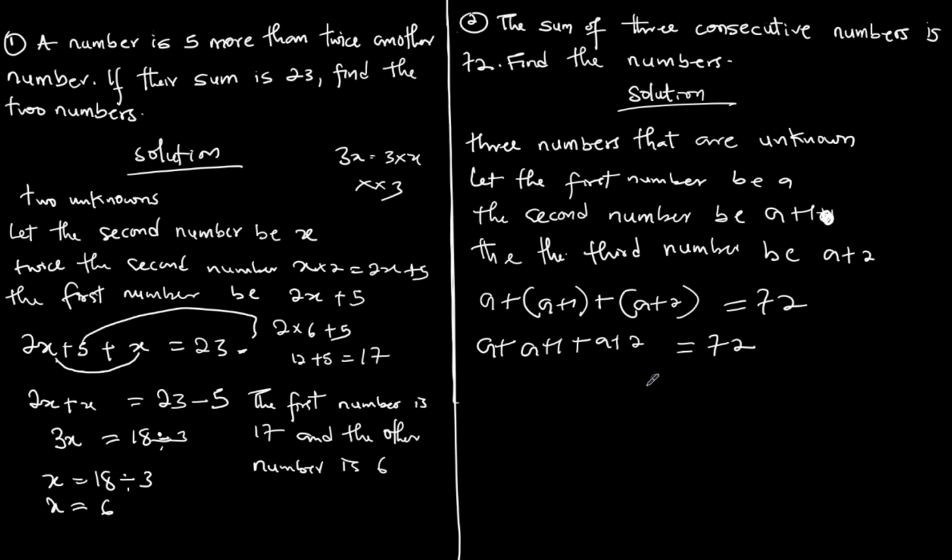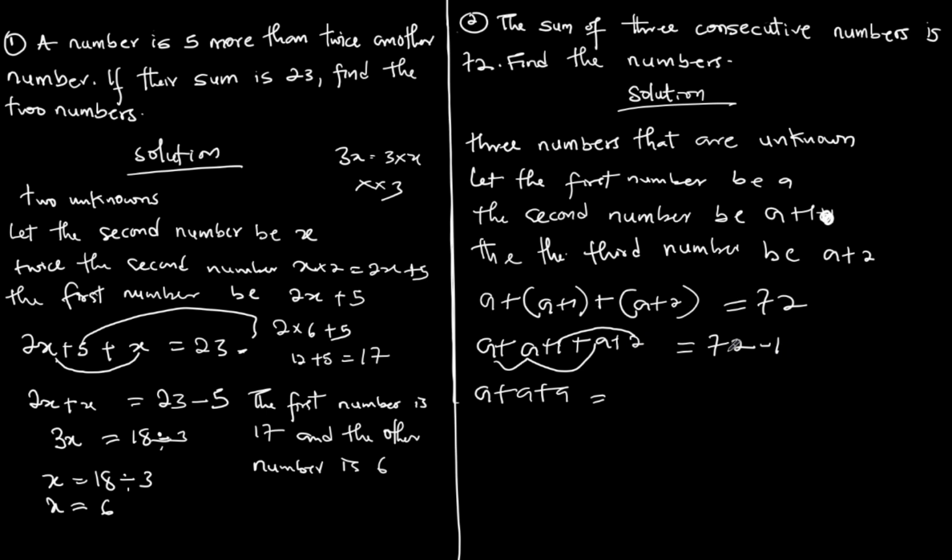From our knowledge of equation, we collect like terms. All of A's will stay on the left hand side. So now we have A plus A plus A. The signs did not change because they are not crossing the equal to sign. But you see, 1 and 2 have to cross the equal to sign. If 1 crosses, plus 1 changes to minus 1.